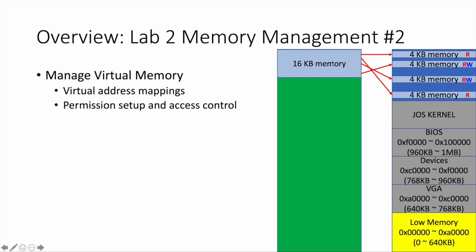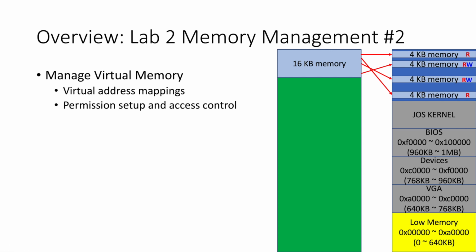By setting this, some parts of this 16 kilobyte memory are read-only, while other parts can be read-writable, and we will control such memory permissions in page granularity, which is 4 kilobytes.